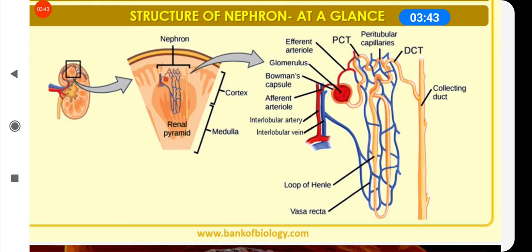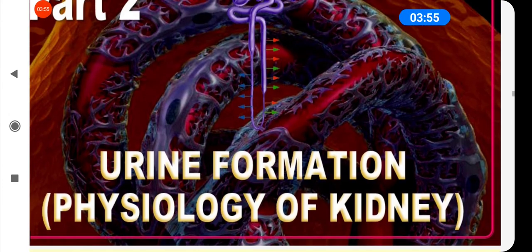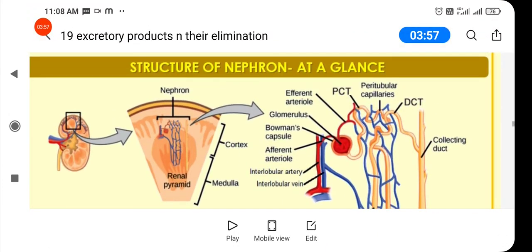Then Bowman's capsule opens into the proximal convoluted tubule, then the loop of Henle, then the distal convoluted tubule, and then comes the collecting duct. We have already studied the distal convoluted tubule and the collecting tubule, and the difference between cortical nephron and juxtamedullary nephron.